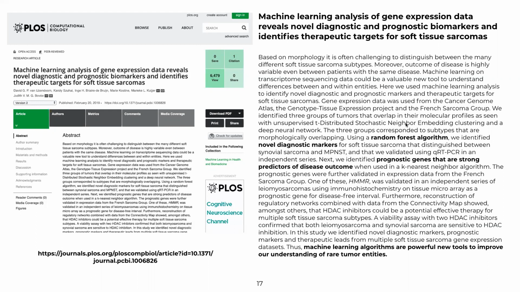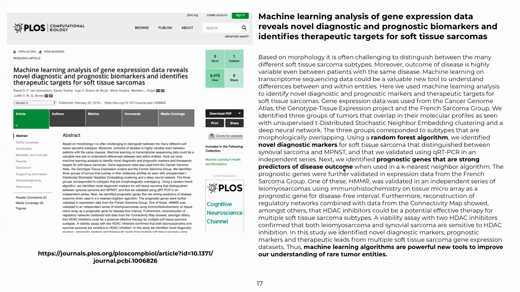So you can train a classifier on the results of your clustering. And then they used feature selection, random forest, to specifically look at, okay, which are the most important genes, which are the most important, right? We know it's genes because they're looking at gene expression data. And what were they trying to find? They were trying to find prognostic genes that are strong predictors of outcome, right?